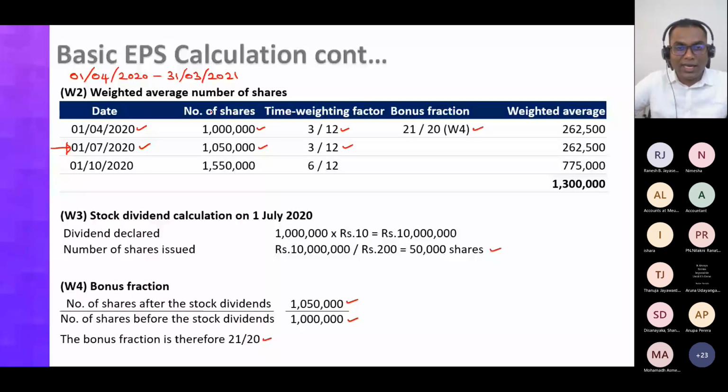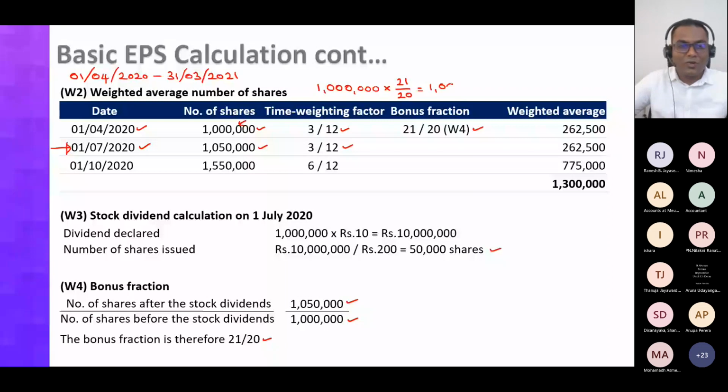If you take the first period, how many shares were there? 1 million shares were there in the first period, right? You multiply this 1 million by the bonus fraction, 21 divided by 20. What is the answer? 1,050,000.